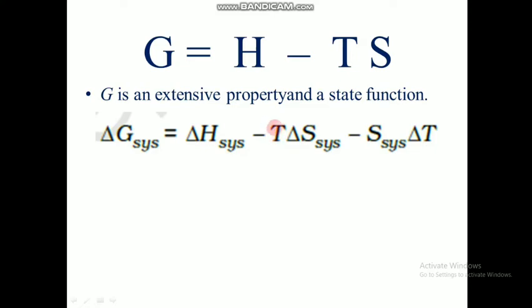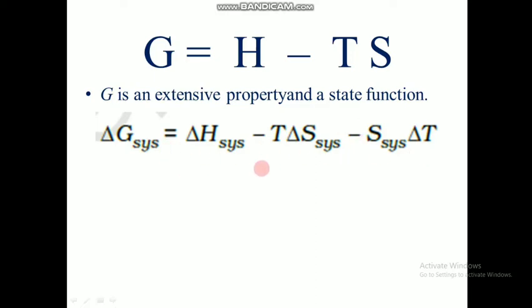In the first case we are keeping the T as it is and considering just the change in entropy, and in the next term entropy is kept as it is and we are changing the temperature. So delta G system, or change in free energy, is equal to change in enthalpy minus temperature into change in entropy minus entropy into change in temperature.